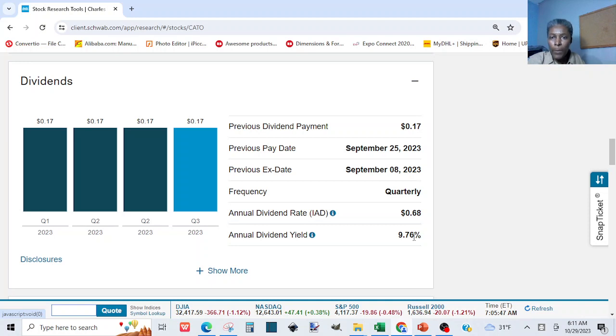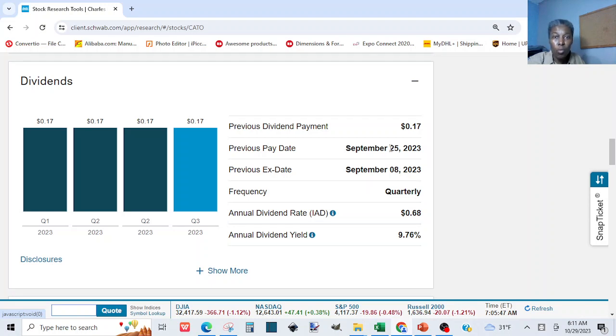So at this point, you want to make sure you have the dividend yield. You will acknowledge if it's paying quarterly. Most of them will pay you every quarter, but some of them can pay once every 6 months as well. So it's good to see how they are paying.